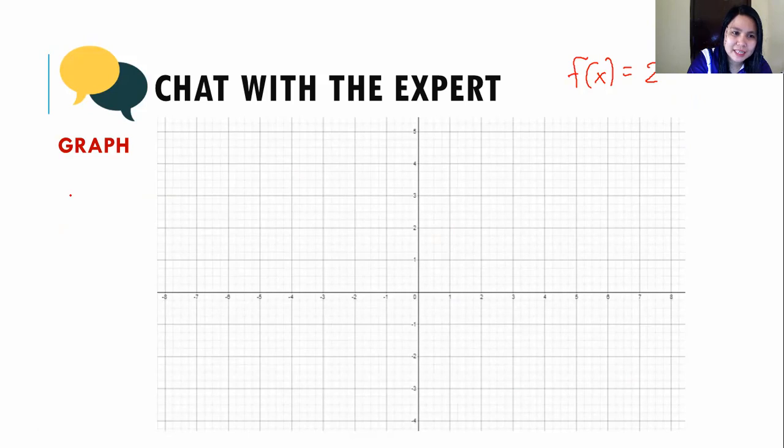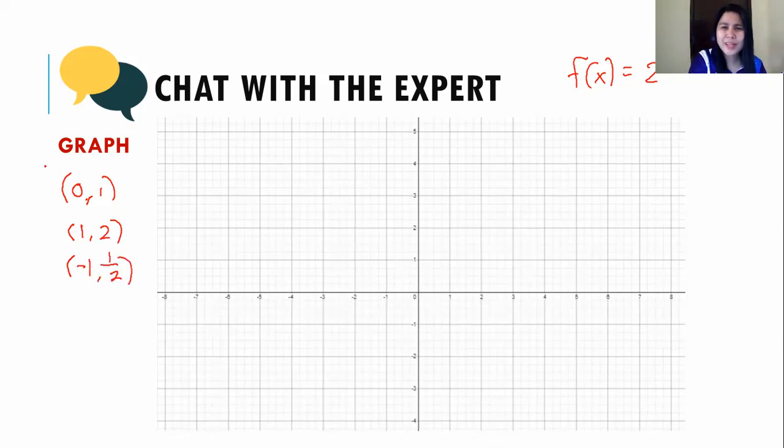The first is it passes by 0, 1. That's the y-intercept. The next is 1, 2. The next is negative 1, 1 over 2. Where did I get this? Remember the properties: 0, 1, 1, b, and negative 1, 1 over b.